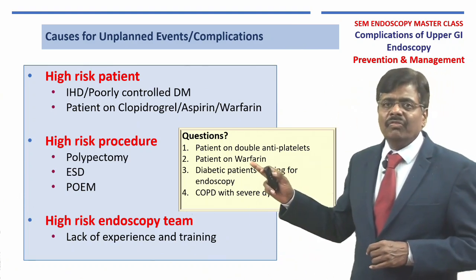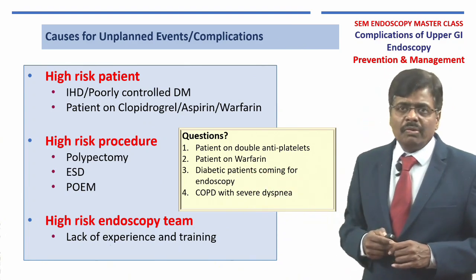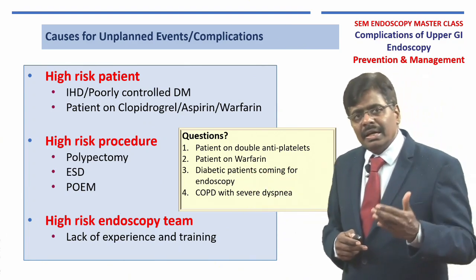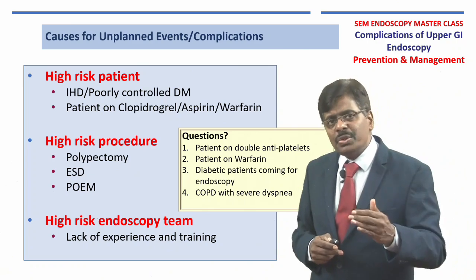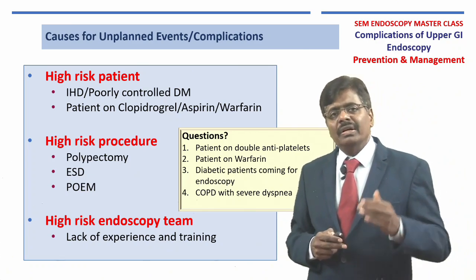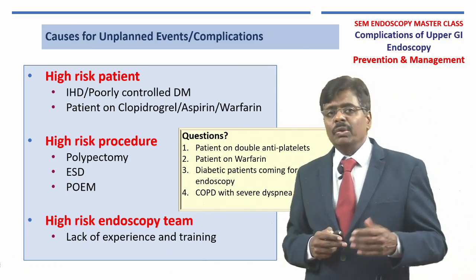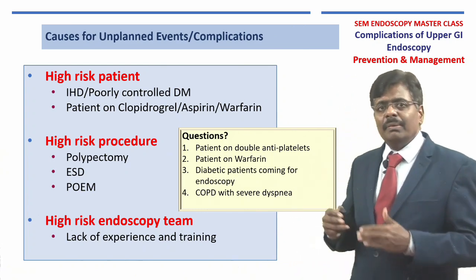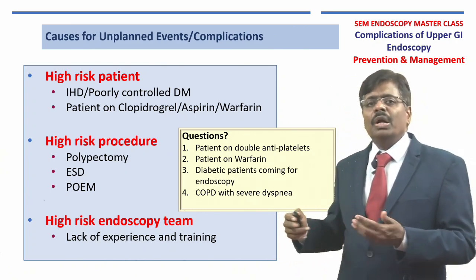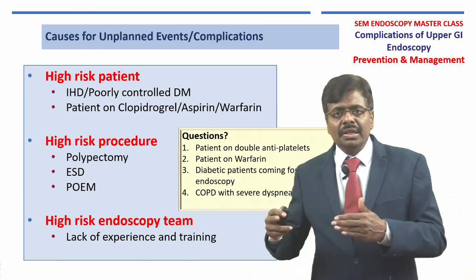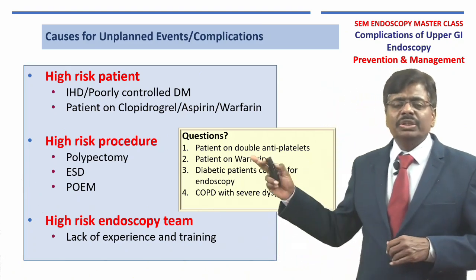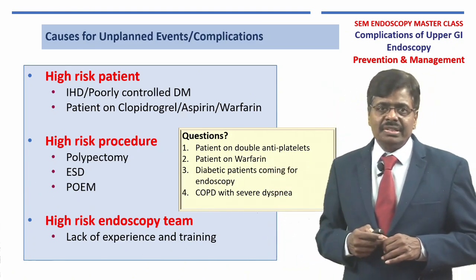If the patient is on warfarin, you may have to stop the warfarin temporarily, check the INR, and ensure the INR is less than 1.5. If necessary, in an urgent case, you may even consider FFP. Then, pre-procedure or soon after, you may have to put the patient on heparin.